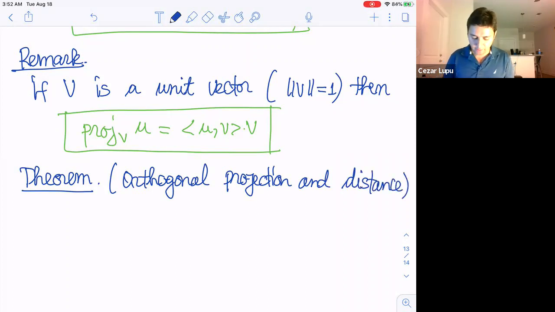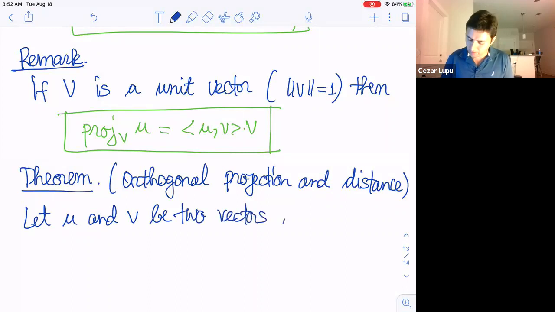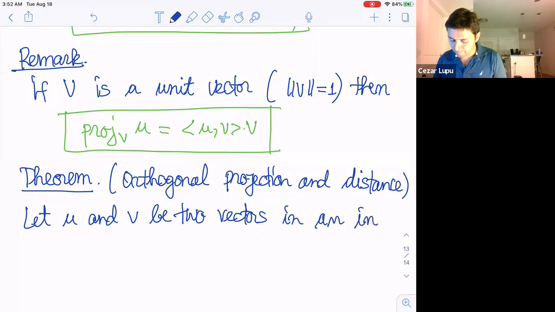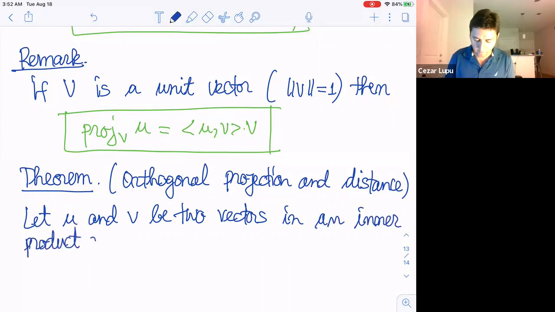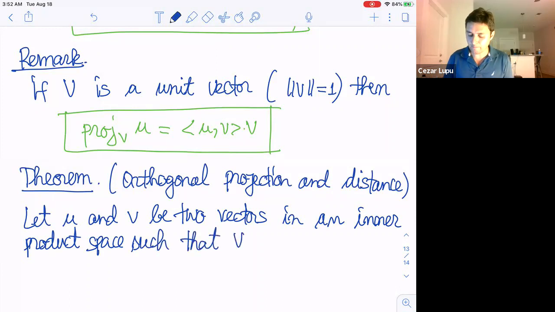Okay, it says the following. Let U and V be two vectors in an inner product space such that V is non-zero. Then we have the following formula.